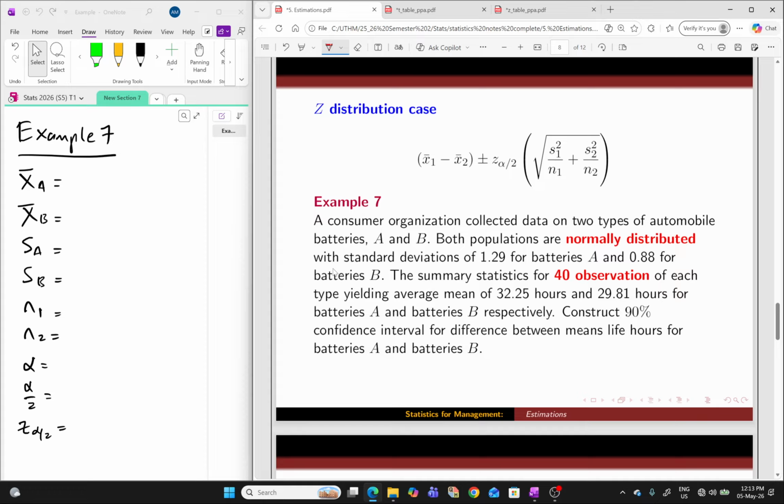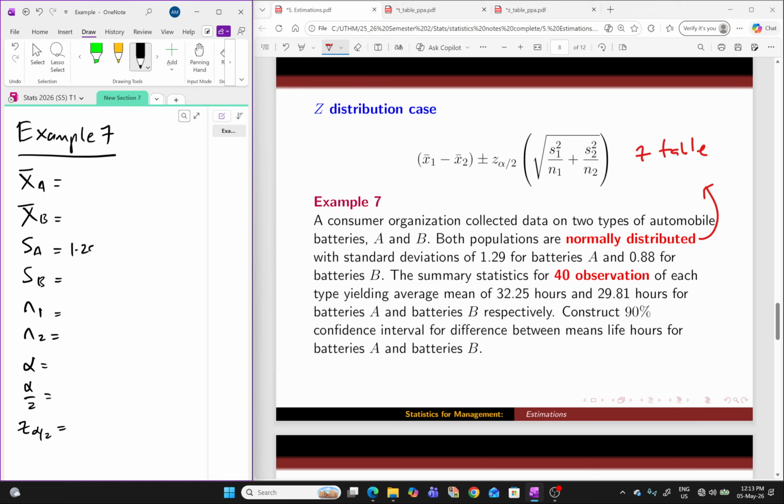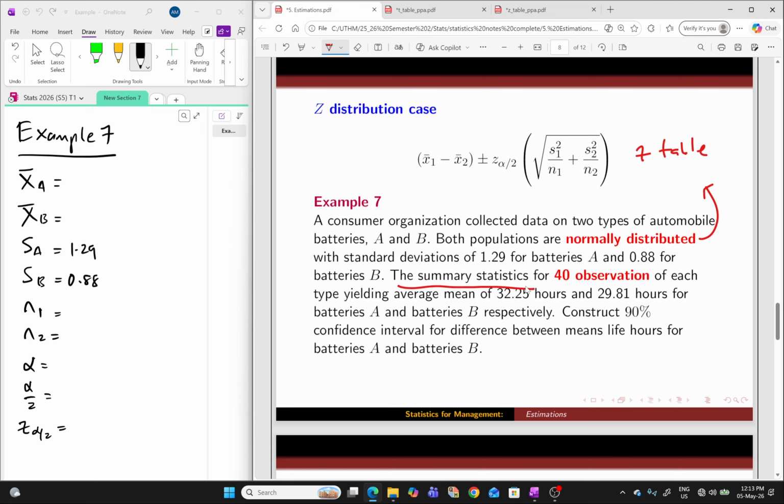Ini battery kereta A and B. Both populations are normally distributed. Normally distributed means Z table. With standard deviation 1.29 for battery A and 0.88 for battery B. The summary statistic for 40 observations, 40 for each type.